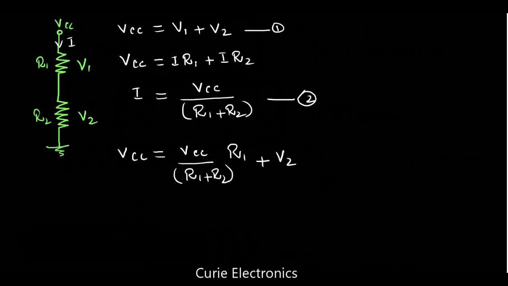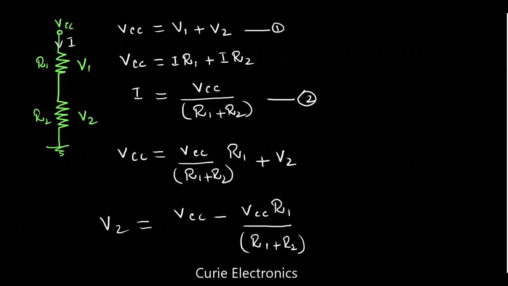Now we need V2, so V2 equals VCC minus VCC R1 upon R1 plus R2. Now you have to simplify by taking the LCM.